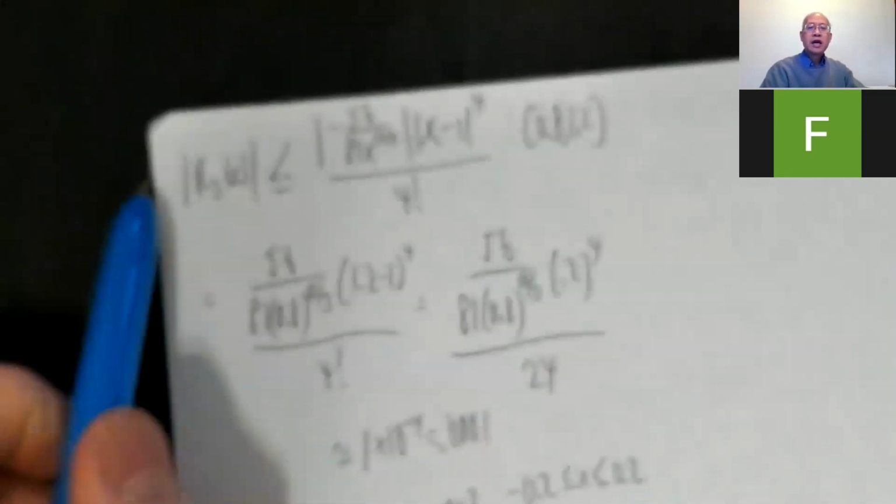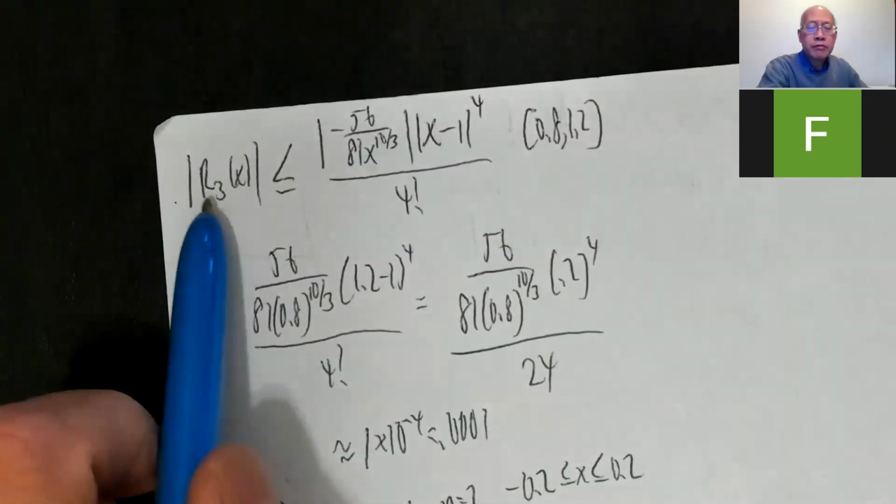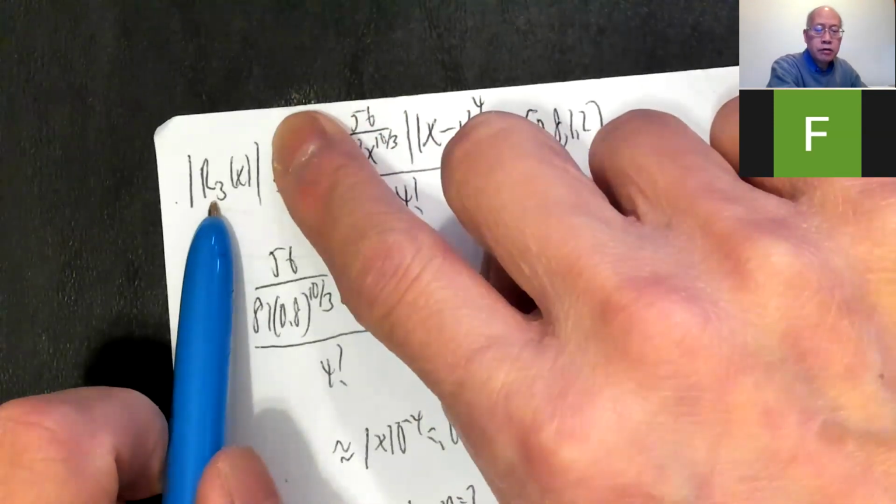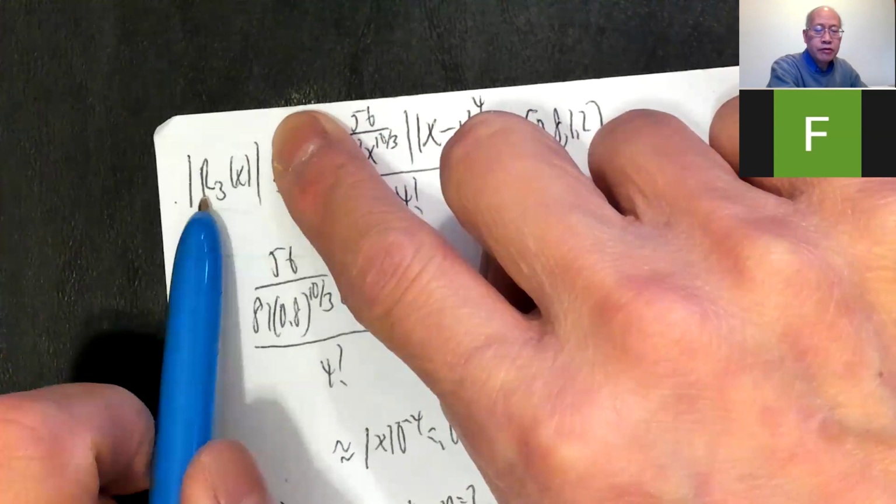Okay, so now for the new stuff. Notation: the absolute value of R3 of x, the remainder, if I stop at the third derivative over factorial. So that's what's meant by the absolute value of the remainder.